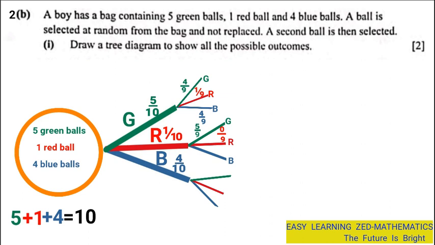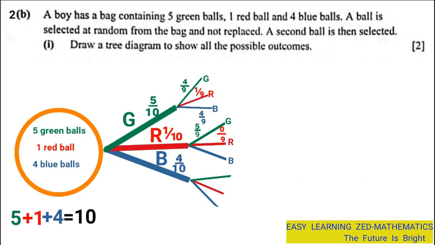Okay, now what will be the probability of picking a blue ball when a red ball is picked at first? So the probability of picking a blue ball when a red ball is picked at first is, so in the bag, when the red ball is picked, in the bag remained 4 blue balls.